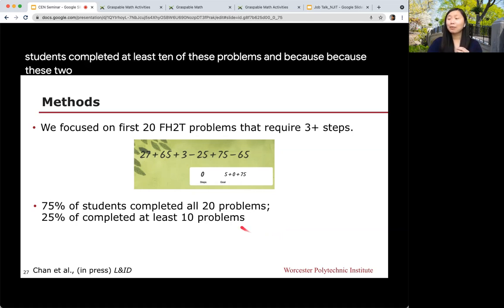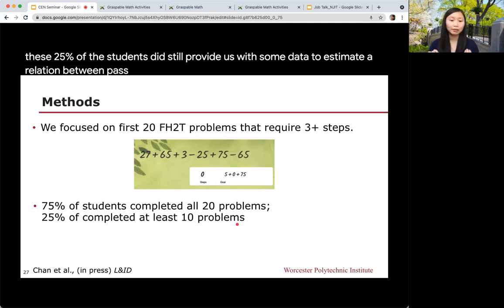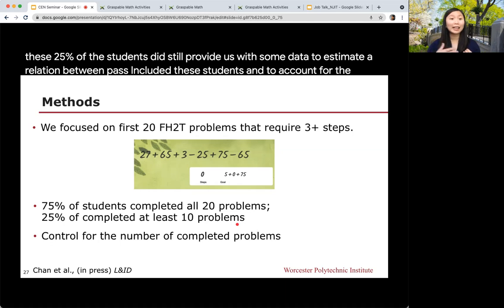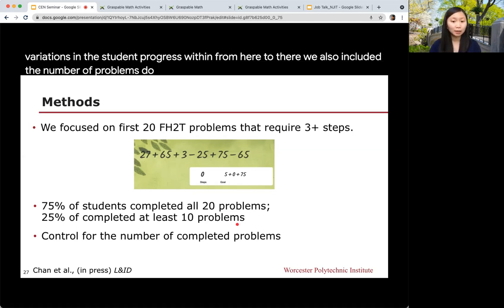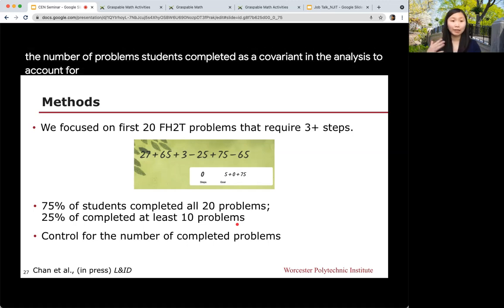Because these 25% of the students did still provide us with some data to estimate the relation between pause time and strategy efficiency, we included these students. And to account for the variations in student progress within From Here to There, we also included the number of problems students completed as a covariate in the analysis.